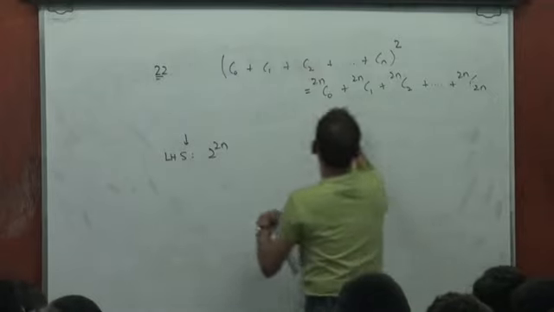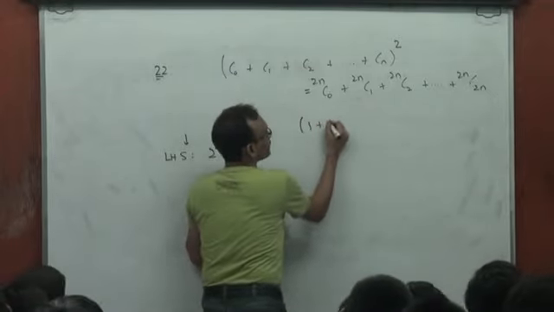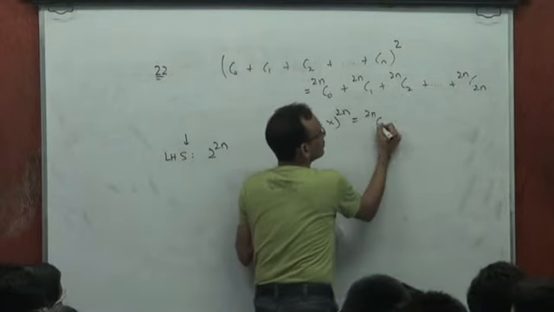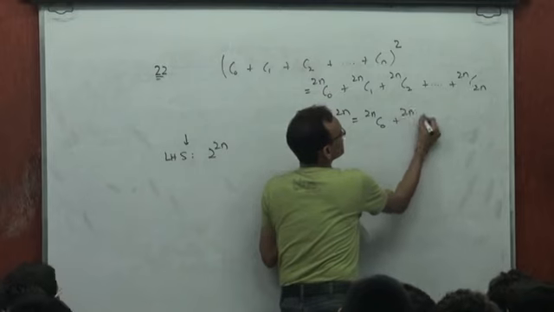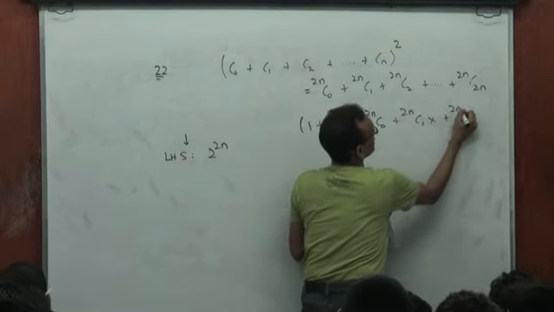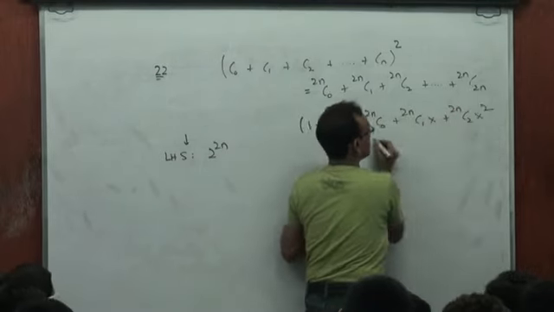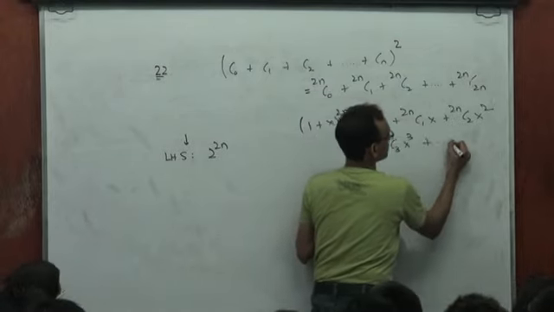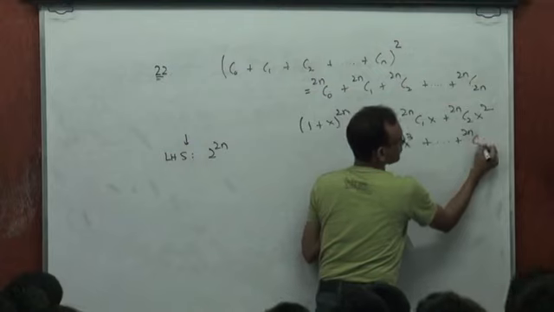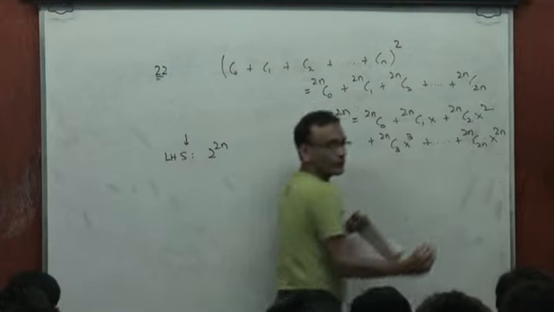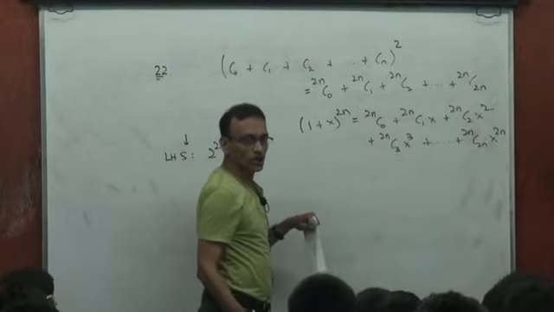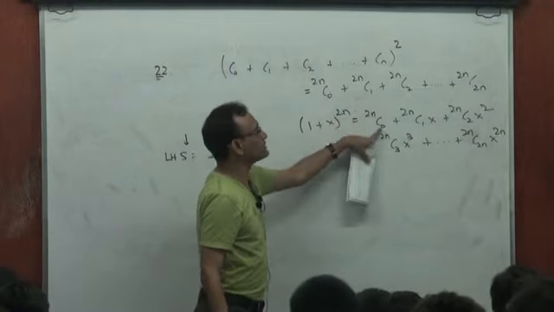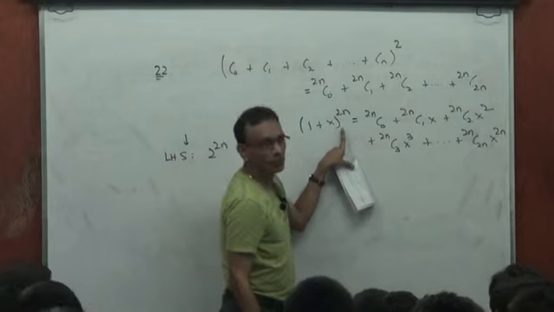Yeah. See, if I expand 1 plus x power 2n, then what will I get? 2n c0 plus 2n c1 x plus 2n c2 x squared plus 2n c3 x cube and so on. Yes or no? That's the expansion of 1 plus x power 2n. Put x equal to 1 on both sides.